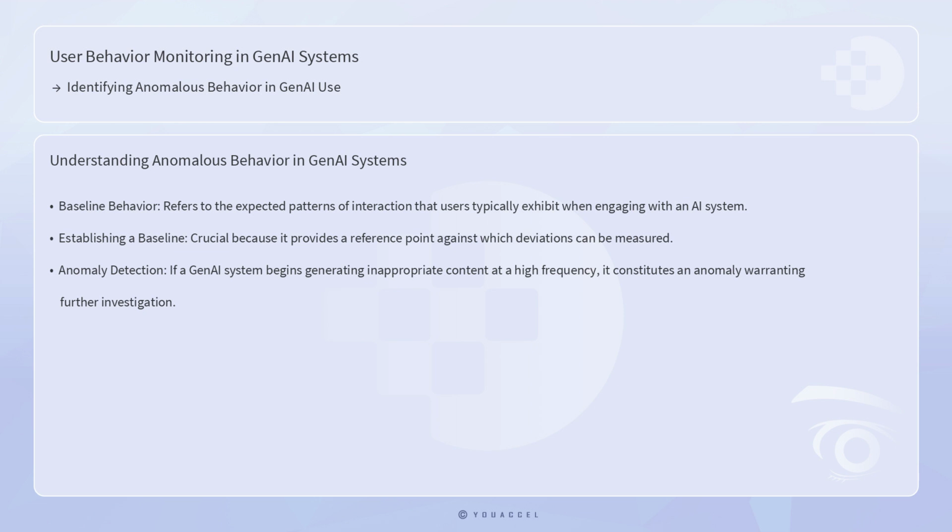Establishing a baseline is crucial because it provides a reference point against which deviations can be measured. For example, if a GenAI system designed for educational purposes suddenly begins generating inappropriate or irrelevant content at a high frequency, this would constitute an anomaly warranting further investigation.